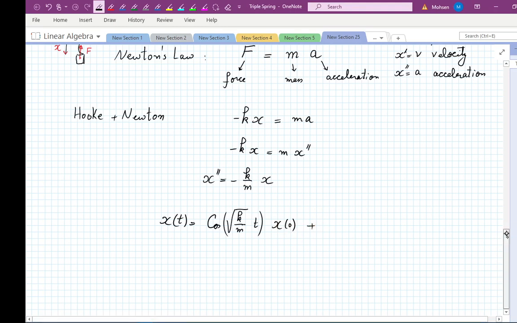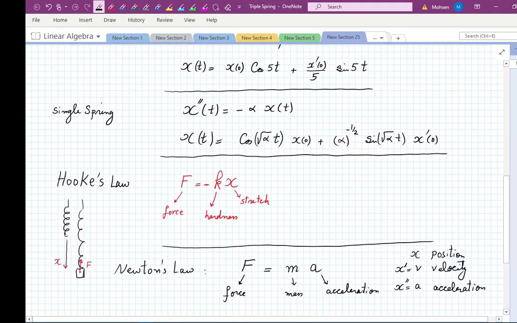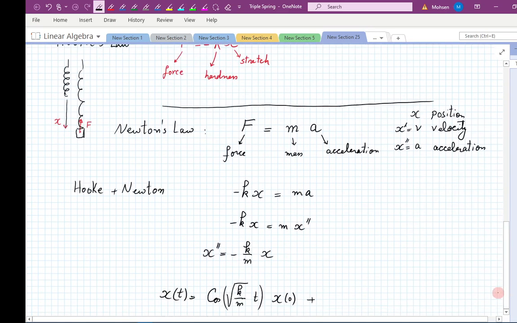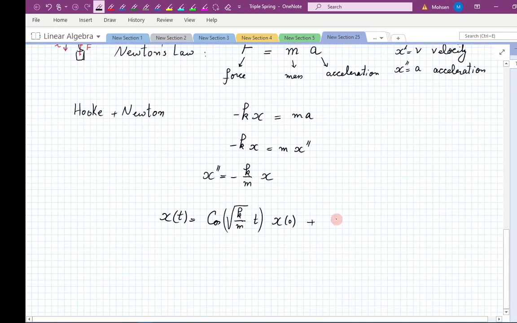And then I'll have k over m to the power of minus half. So that's a square root, and then in the denominator I have to put this thing, minus a half. Then the sine of the same thing, radical k over m times t.